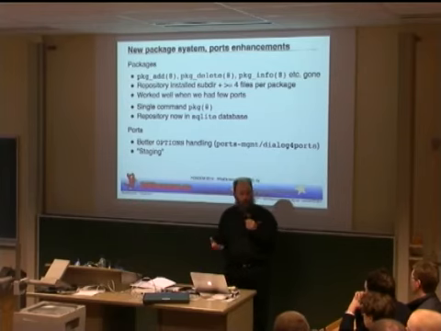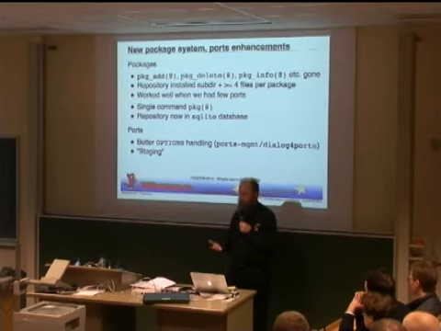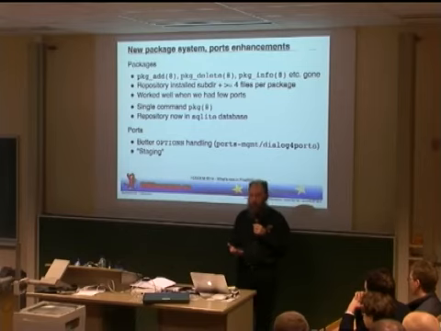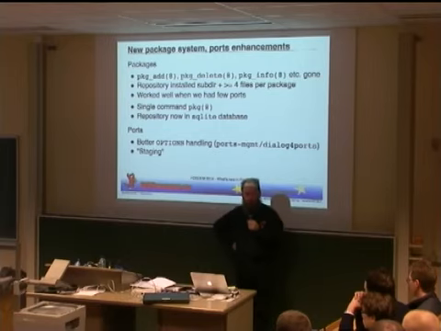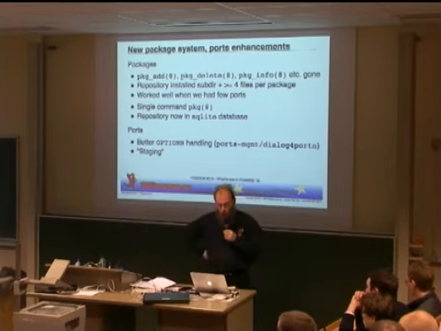Because the port skeleton must know which files to include, it sometimes happens that not all the files that were actually installed ended up in the tarball. That had two problems. One problem is if you remove the port afterwards, you do not remove everything, because there's no trace of the files that were installed but not registered.